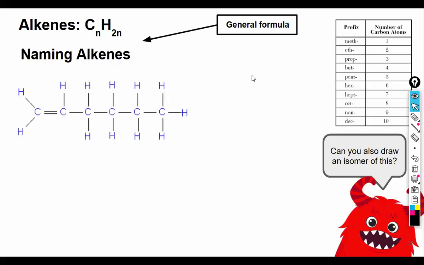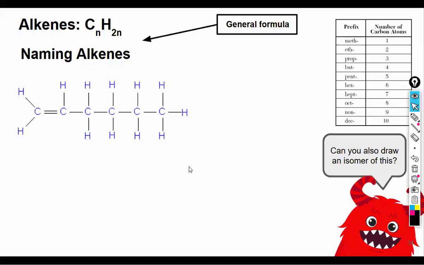Let's draw an isomer of alkenes. Now, this used to be hard. Remember what an isomer is? This is when you just take the C's and H's and rearrange them to have a different pattern. So quickly, I think everyone knows the name of this alkene, and we know it's an alkene because it has a double bond between the C's.